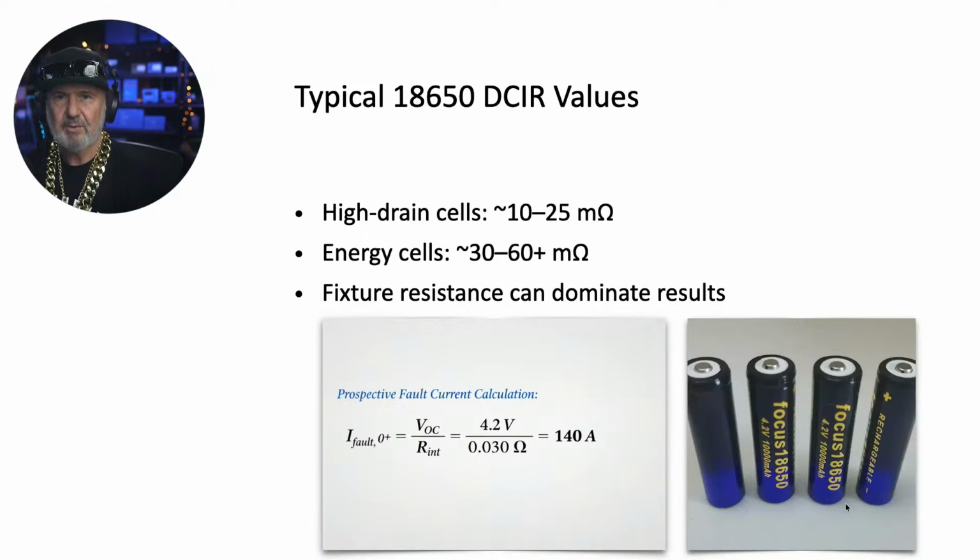So let's look at a typical 18650 cell. These are nickel manganese cobalt, I'd say, because they have a 4.2 volt nominal. And these are, let's say, an energy cell with around 30 milliohms of internal resistance. We can calculate the prospective fault current by dividing the cell voltage, 4.2, by the internal resistance, 0.03 ohms, or 30 milliohms.